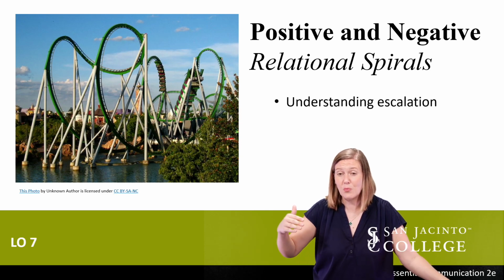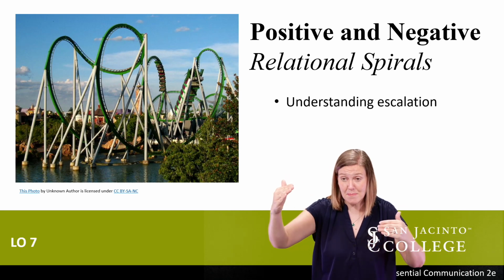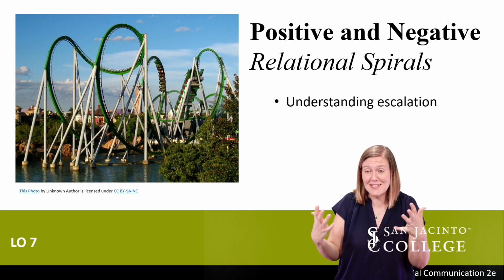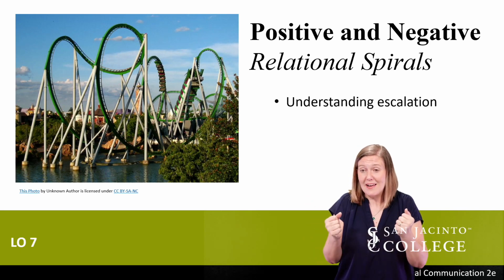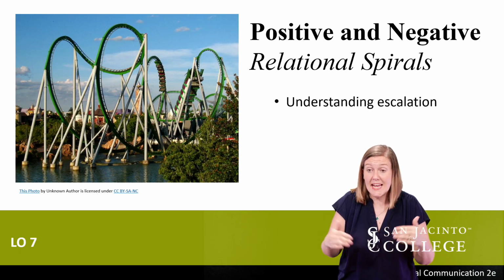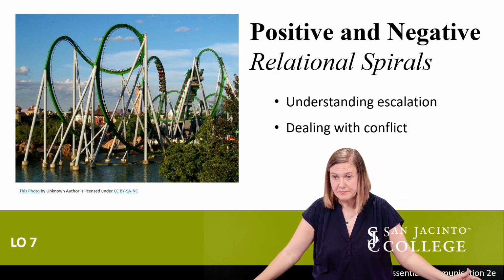We understand that when you're communicating with other people, sometimes there's escalation that happens. We can get really excited and jump up and down and send friends that GIF that has the girls screaming and jumping up and down, or it can escalate into conflict or to anger. It can escalate into sadness.